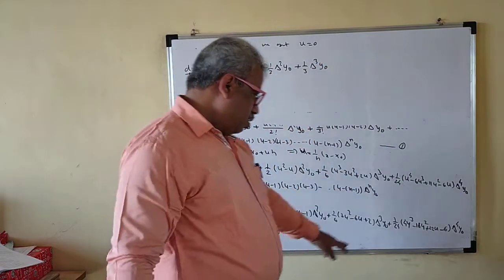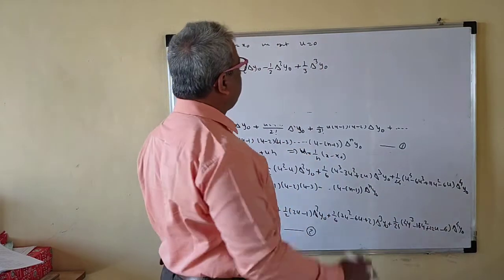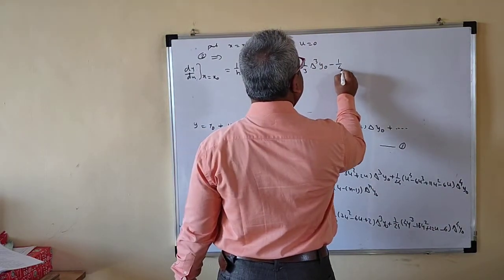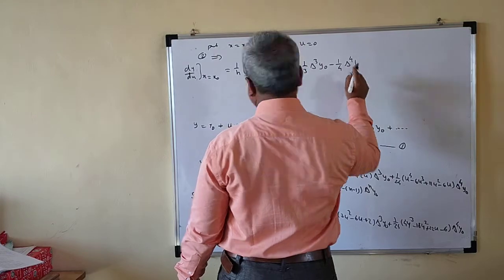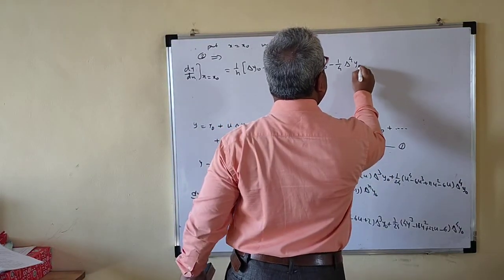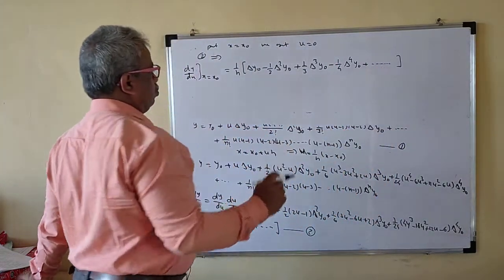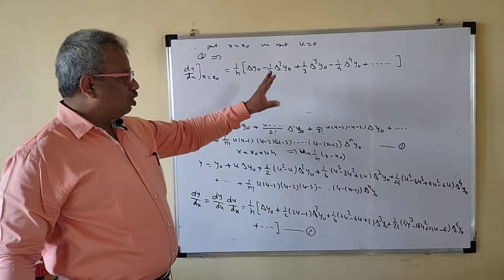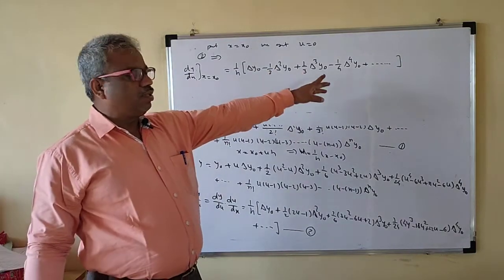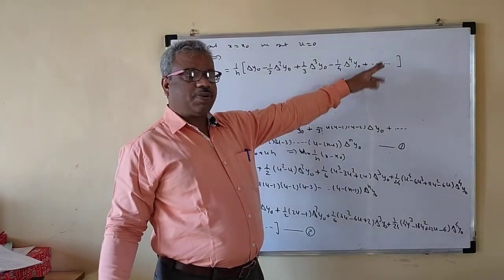Then all the other terms are 0, minus 6 upon 24, so minus 1 by 4, del raised to 4 y naught, plus dot dot dot. The solution of this problem depends on the difference table, so easily you can write plus 1 by 5 and so on.